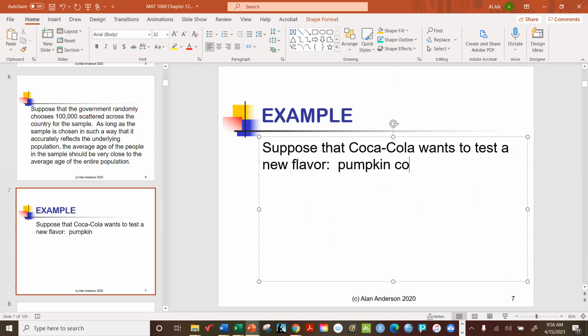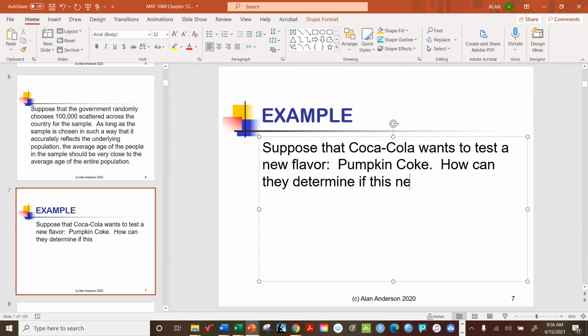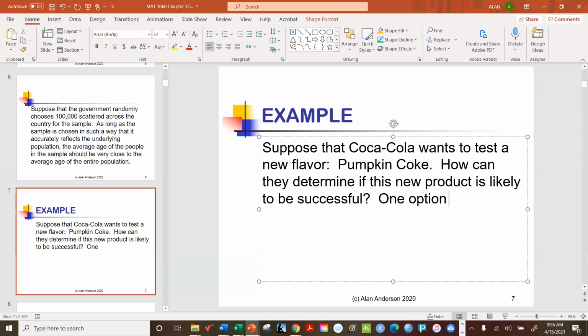Okay, let's say they've decided the public would really like pumpkin Coke. How can they determine if this new product is likely to be successful? One option is to contact every person in the United States and ask their opinion.